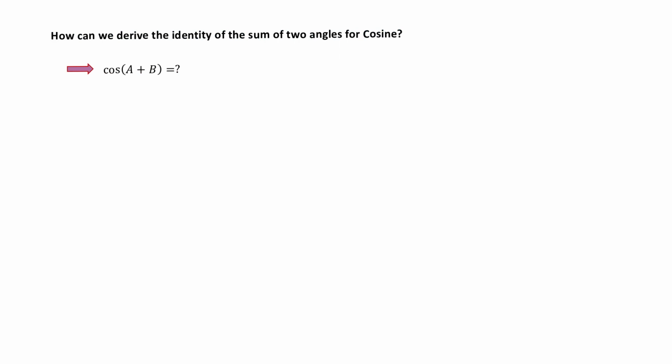Now we're going to go ahead and derive the identity for the cosine of A plus B. And we're going to start with the cofunction identity, the one that says that the cosine of theta, some angle theta, is equal to the sine of pi over 2 minus theta.